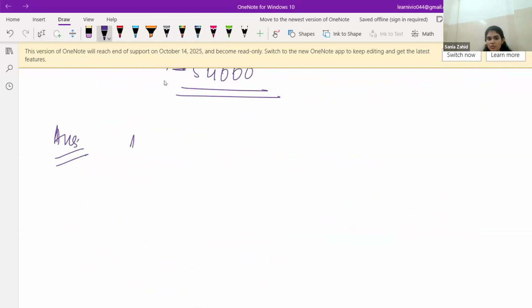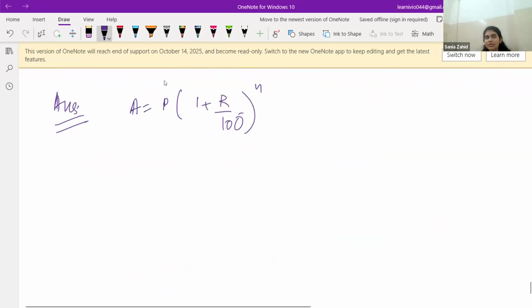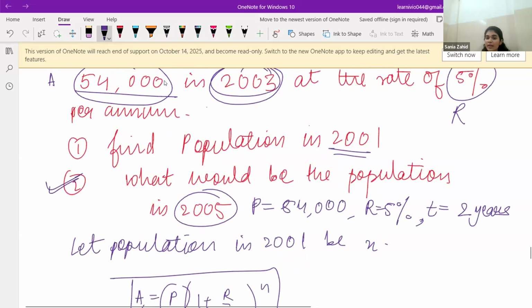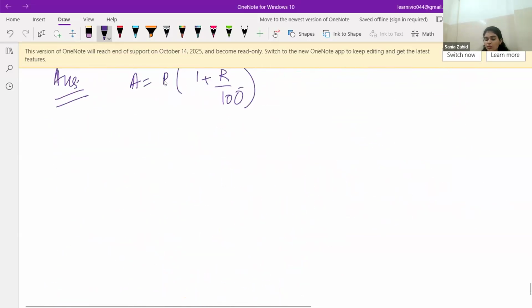So now amount is equal to principal into (1 plus r by 100) whole power n. See children, amount and principal are actually terms used for money-related purposes, but here we are talking about population, so you should instantly be able to relate it to the population. In terms of population, what is the amount? Amount means the final thing, which we don't know and you have to calculate.